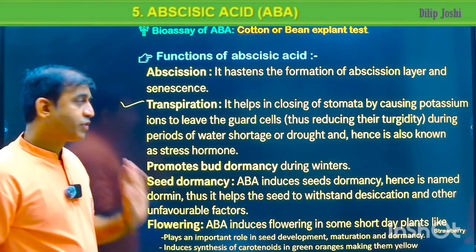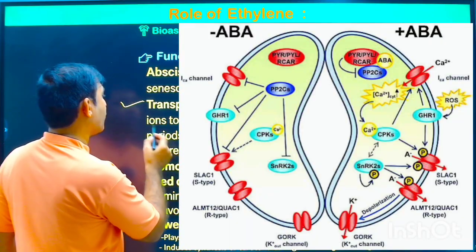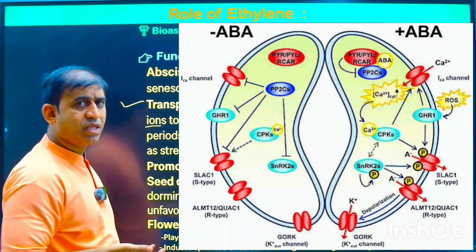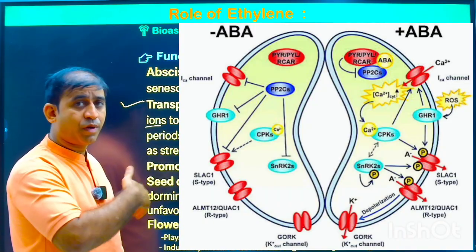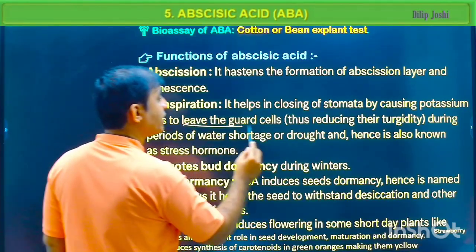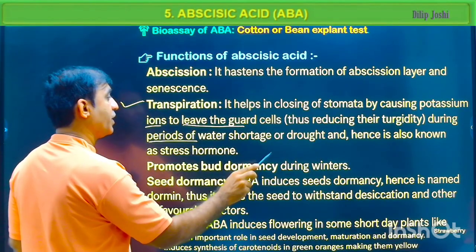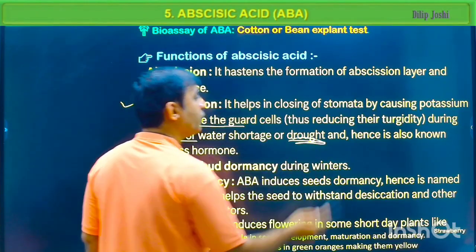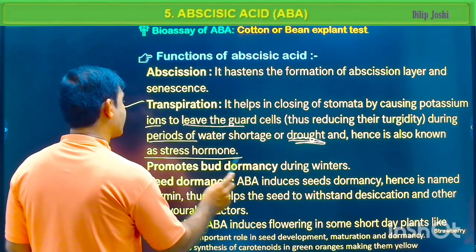It acts on stomata by causing the potassium ions, because potassium ions and carbonate are necessary for the opening and closing of stomata. It leaves the guard cells and reduces their turgidity during the period of water shortage or drought, and hence is known as a stress hormone.